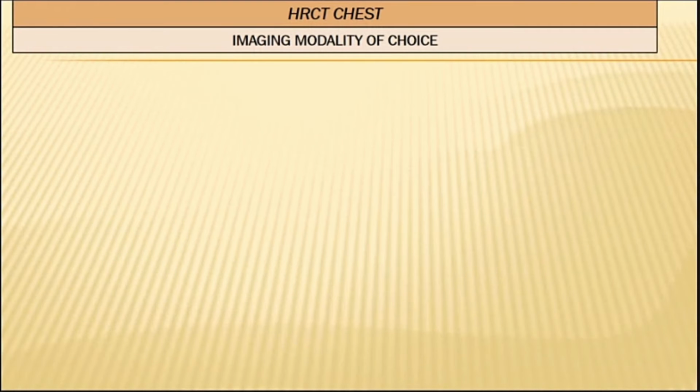In fact, with the latest classification and latest definitions, HRCT has become very sensitive and very specific for ILDs, to the extent that if it is a typical pattern, then it is no longer recommended to do a biopsy. We can give a definite diagnosis based on the HRCT picture alone.